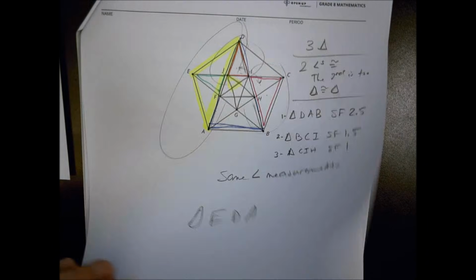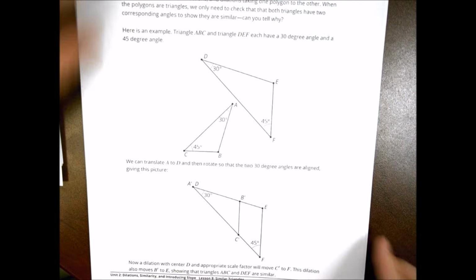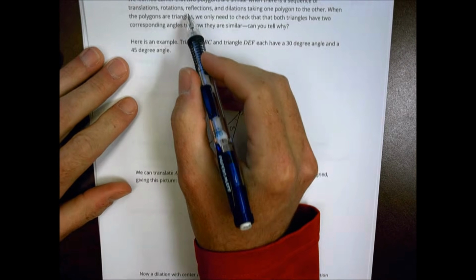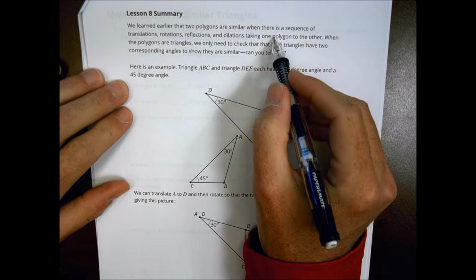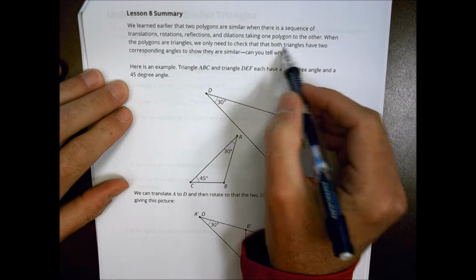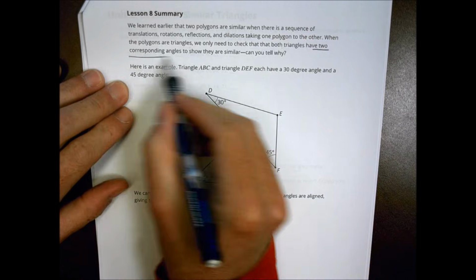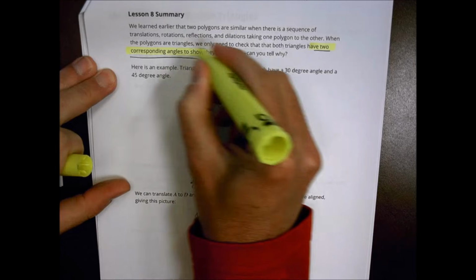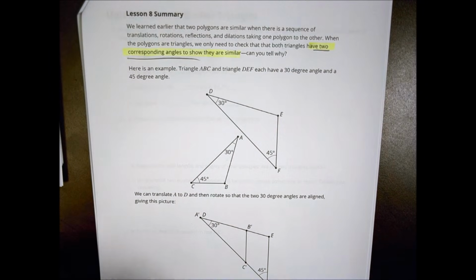So as a summary, today's lesson says that we learned earlier that two polygons are similar when there's a sequence of translations, rotations, reflections, and dilations taking one polygon to the other. When the polygons are triangles, we only need to check that both triangles have two corresponding angles to show they are similar. All we need are two corresponding angles to show that they are similar, right?